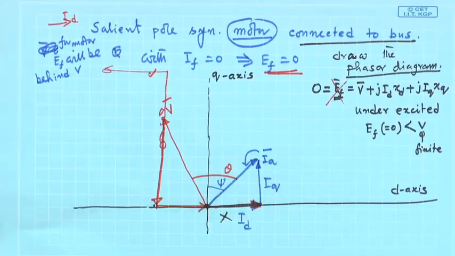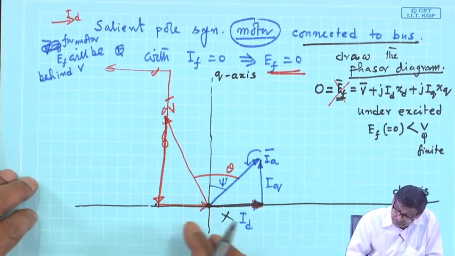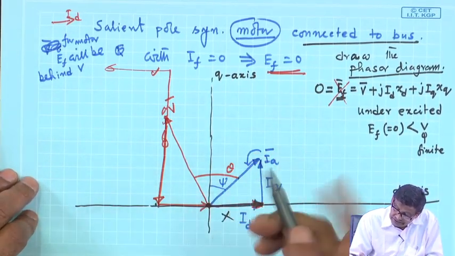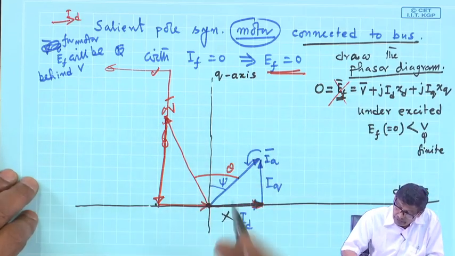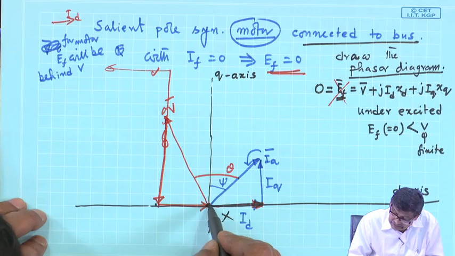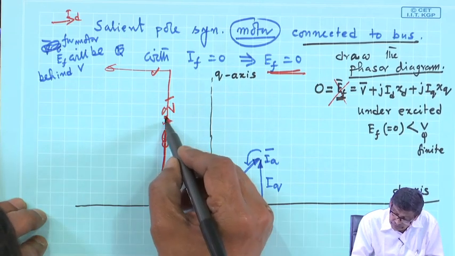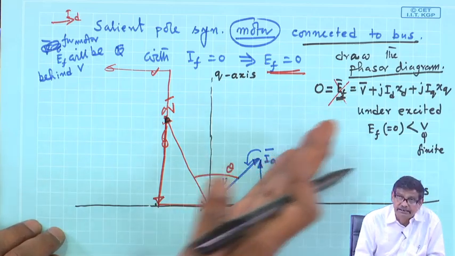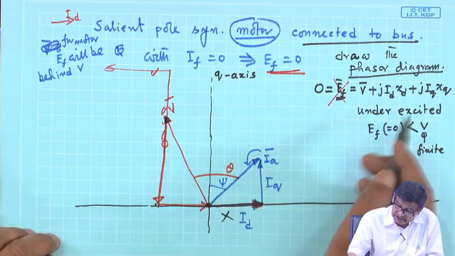In other words, what I am telling is that it is better to learn from mistakes. When I drew IA like this, with the same argument, leading power factor, I thought it may be here or there with respect to V. But I drew it like this, leading power factor theta.